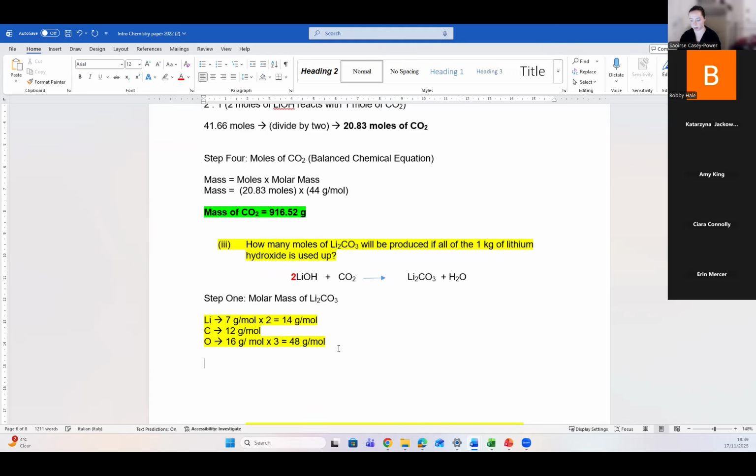Everyone okay with that, guys? Everyone can see where I'm getting those from? Perfect. Okay, so for my lithium carbonate, I just need to add all these together. So I have 14 grams per mole plus 12, so that's our 26.